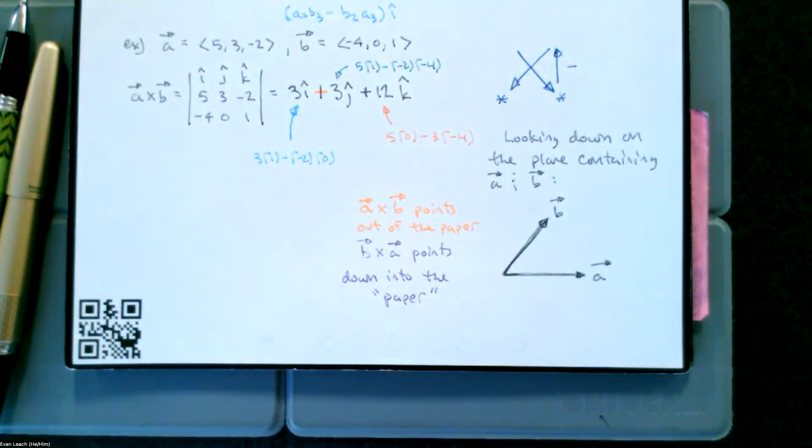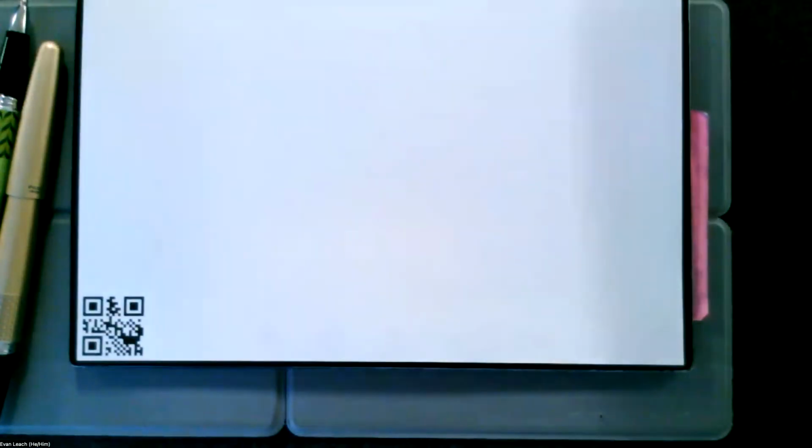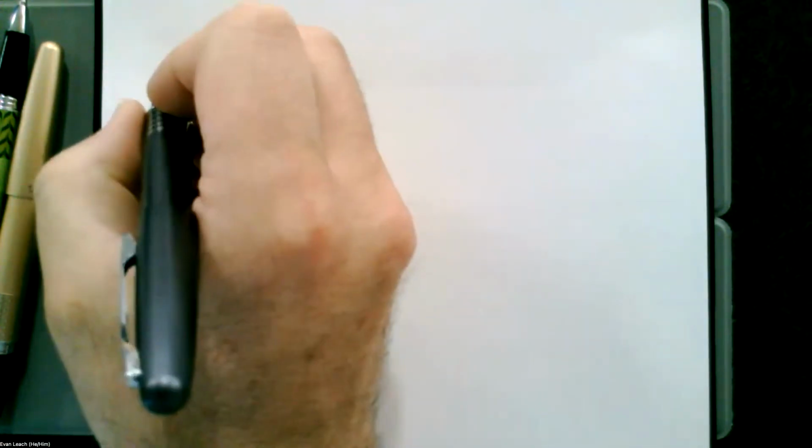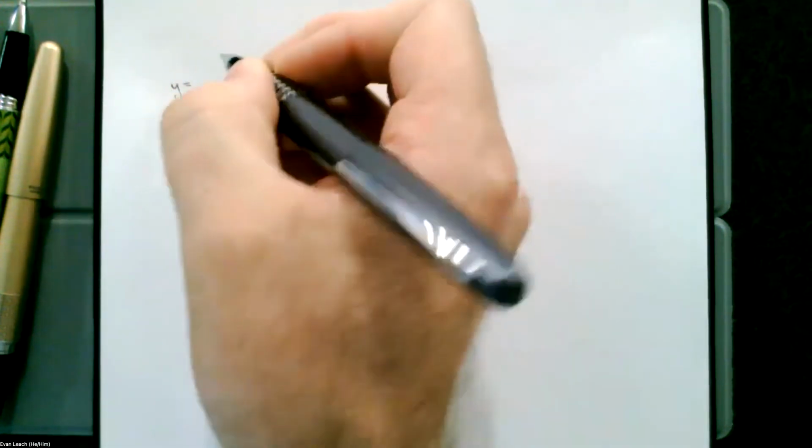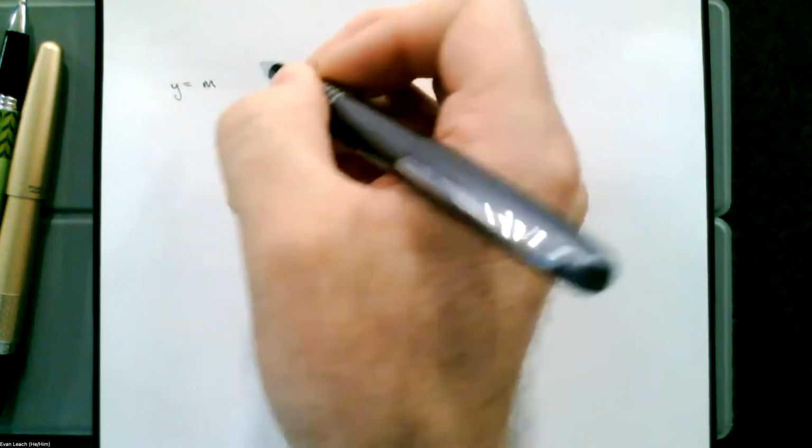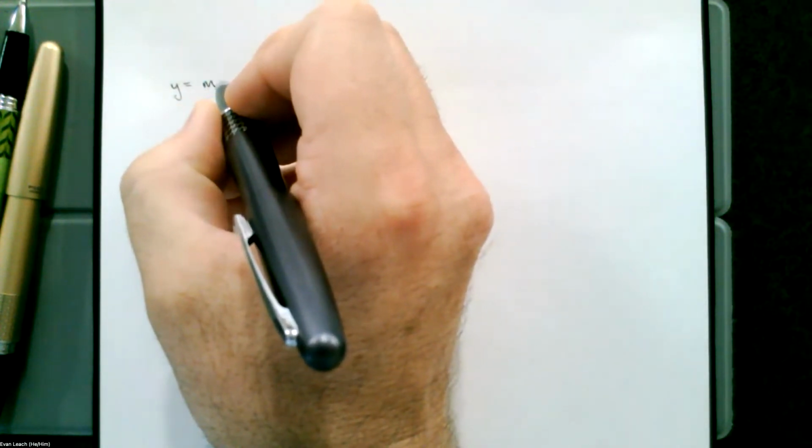We got away with a lot when we only had 2 dimensions because we were describing the direction that a line was headed. And so we used the slope, but the slope was one number containing 2 numbers. The slope contained a number for the rise and for the run. So if I write the equation y equals m, I really don't like writing this way.